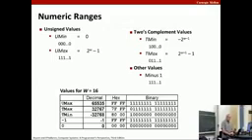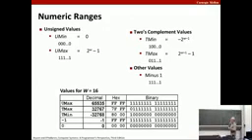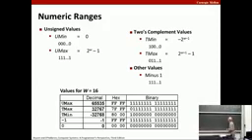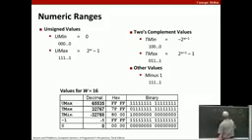So let's think about what are the extreme ranges of numbers we can get with these two different representations. So obviously, if these are all zeros, my number is going to equal 0. And if it's all 1s, it'll be 16 plus 8 plus 4 plus 2 plus 1, which will be 31.